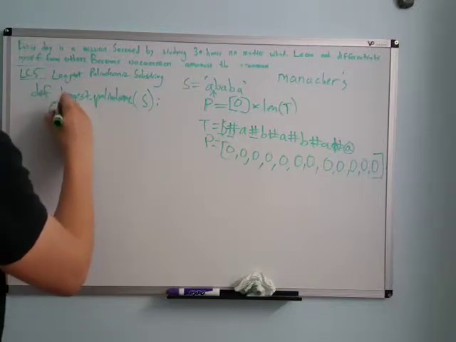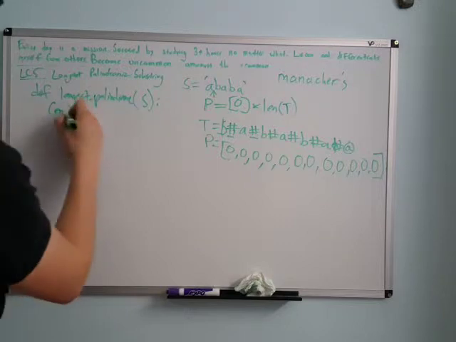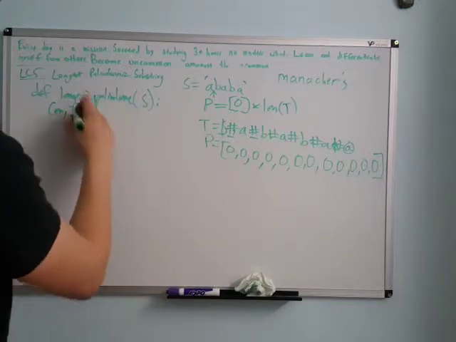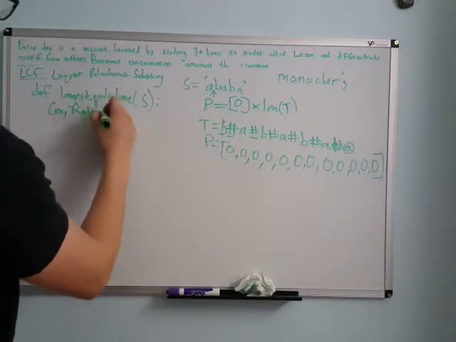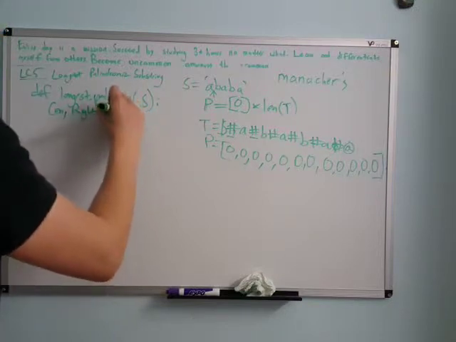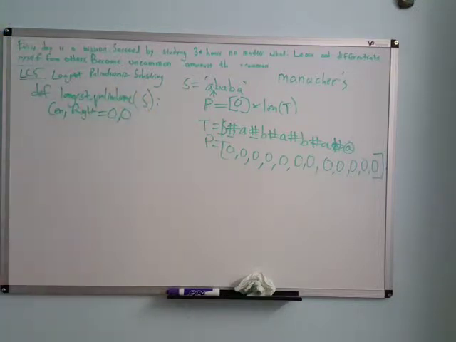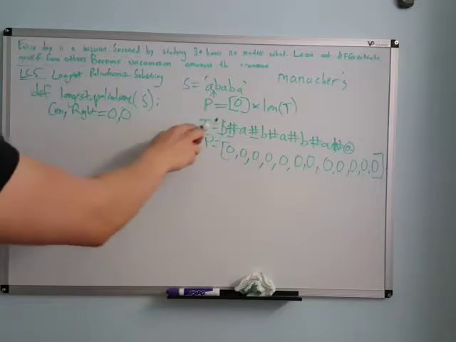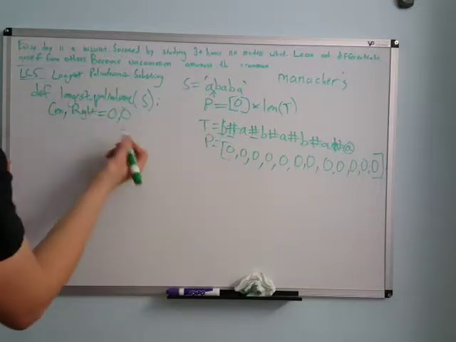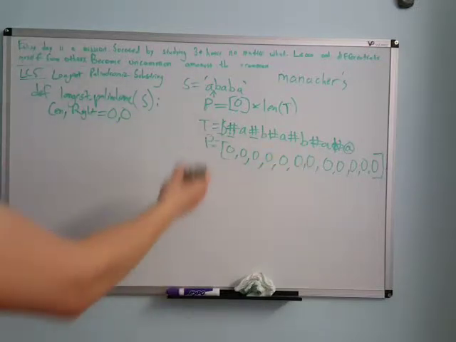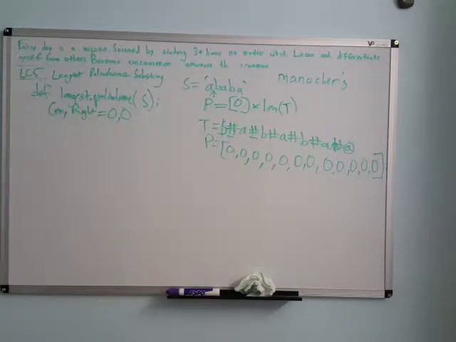Call it cen, C-E-N, and then R, which is a right border. Let's call it right. They're both initialized to 0 at first. And then let's just pretend that we have T already, that T equals that string. So that's going to be here, and then same for P as well.